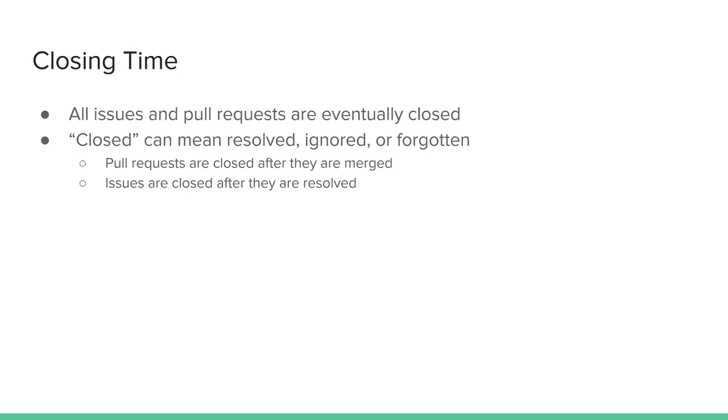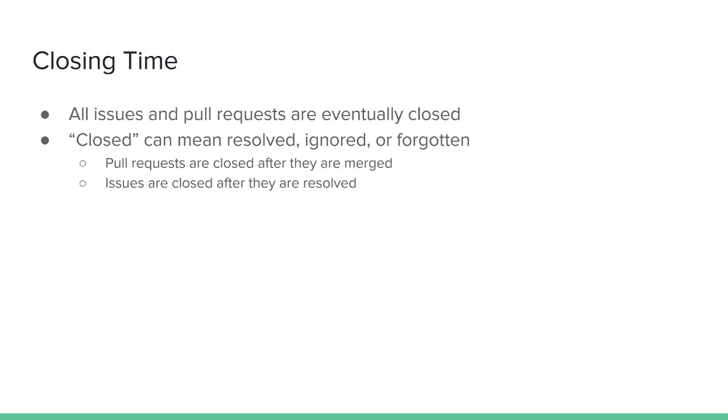So, as I said with the issues, all issues and pull requests share one common destiny, and that's that they eventually want to be closed. And closed can mean several different things. Most commonly, it means resolved, as in the bug has been fixed, or if we're redesigning a website, we've heard enough feedback from people, we've decided the approach that we want to go on. But it can also mean that stuff's being ignored.